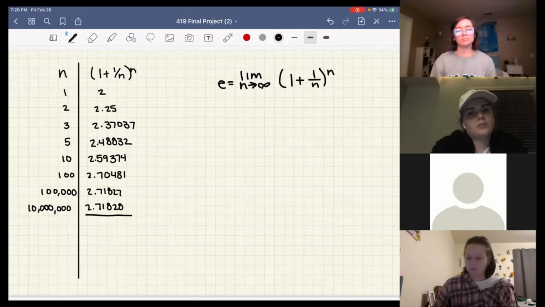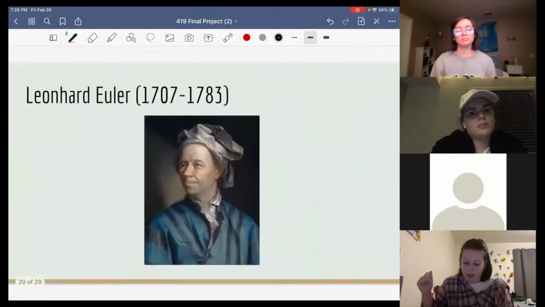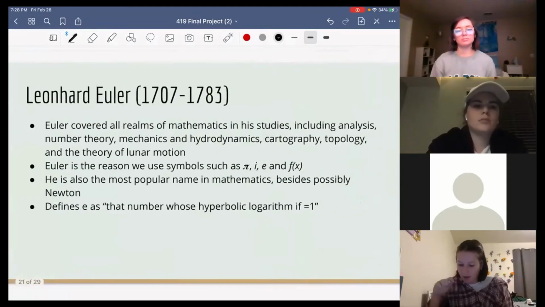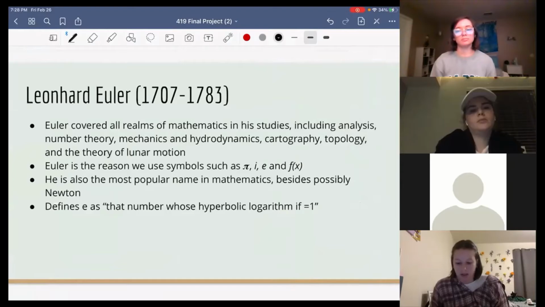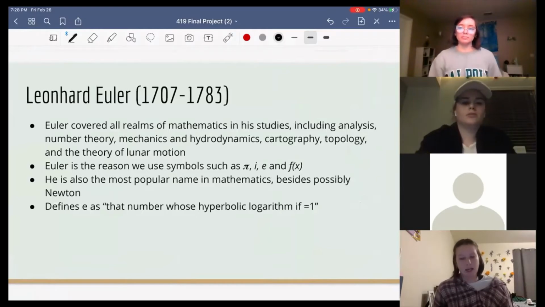And then moving on to Leonhard Euler from 1707 to 1783, Euler covered all realms of mathematics in his studies, including things like analysis, number theory, mechanics and hydrodynamics, topology, the theory of lunar motion, all sorts of things. And he's the reason that we use symbols such as pi and i and e and f of x.